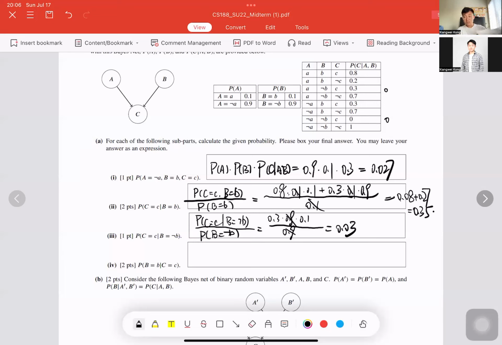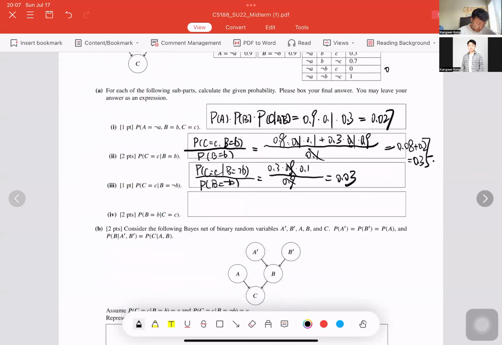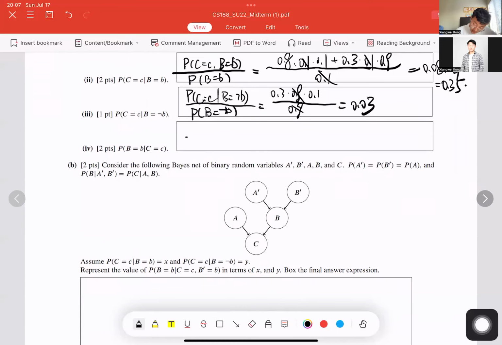So for the last probability, we can use Bayes rule here. We can write it as probability of C given B equal to b times probability of B equal to b divided by probability of C equal to c.